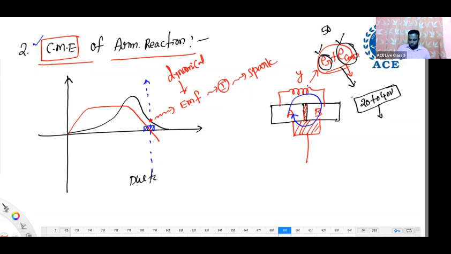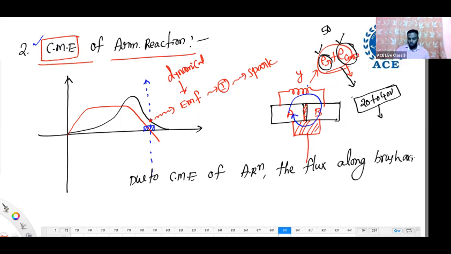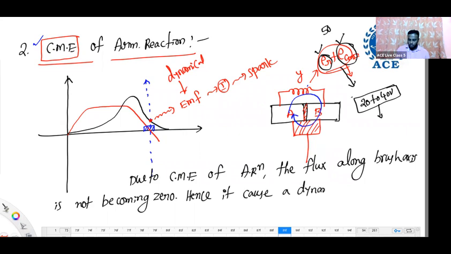Due to the cross magnetizing effect of armature reaction, the flux along the brush axis is not becoming zero. Hence, it causes a dynamically induced EMF. Why dynamical? What is this flux?